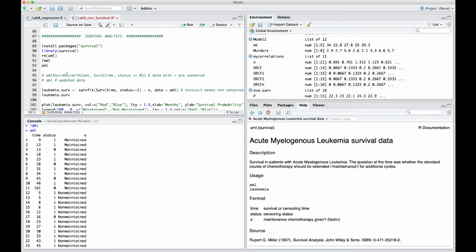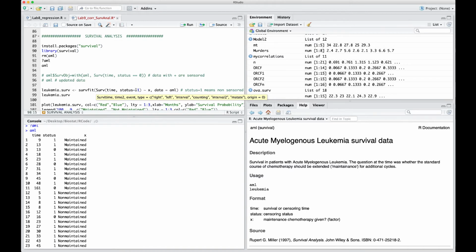Okay, so how do I do this? It is to draw the survival analysis curve. What we do here is I name it leukemia.survival. This is just a name, equals survfit, and Surv is the function you will need: time comma status equals 1.